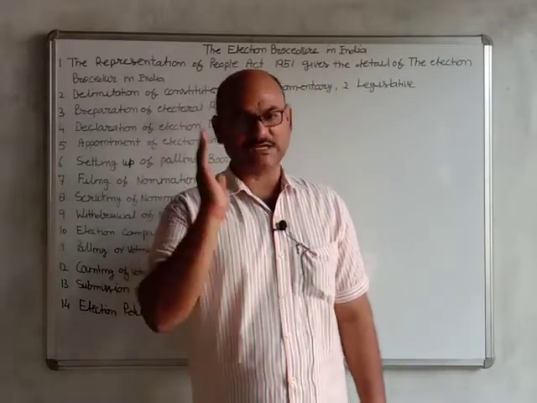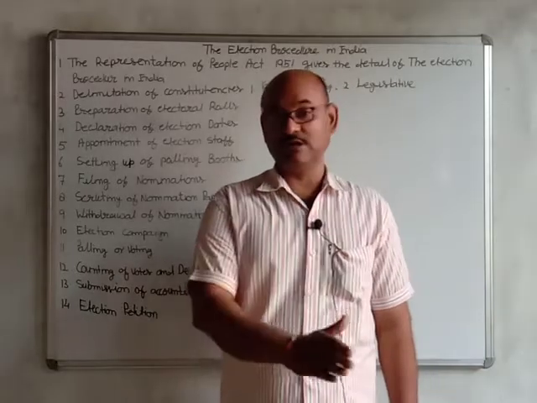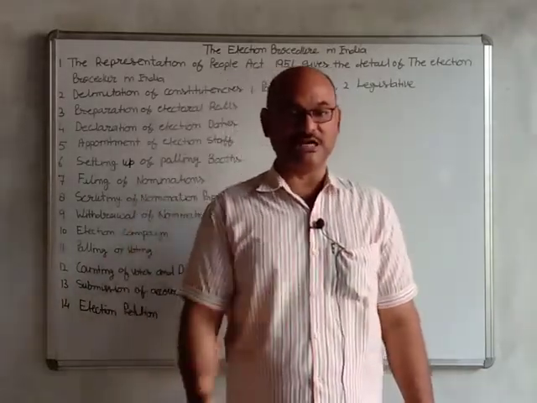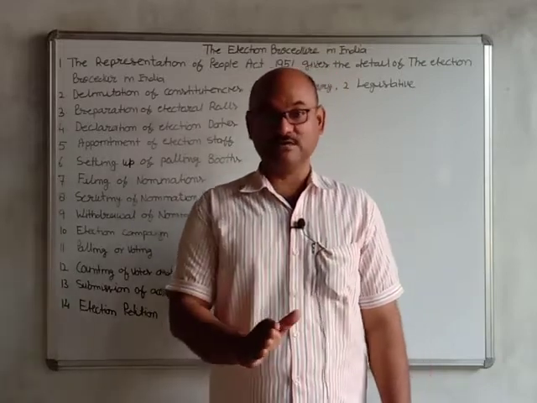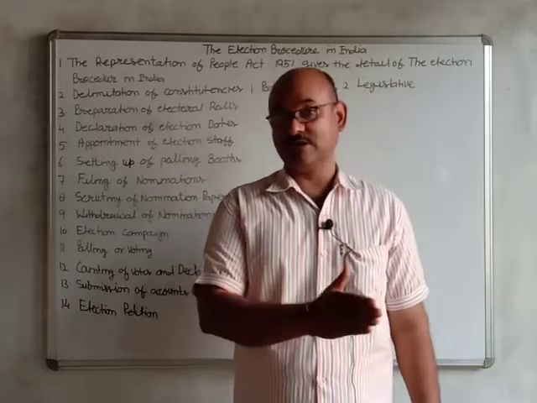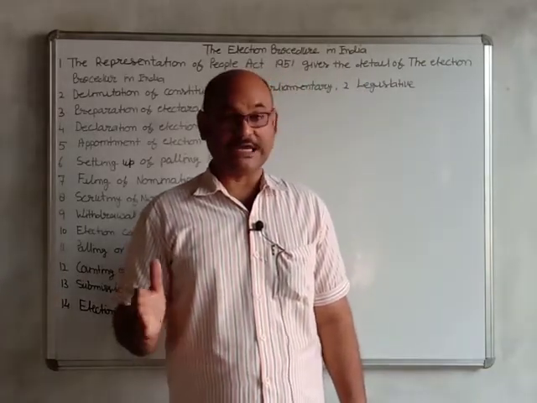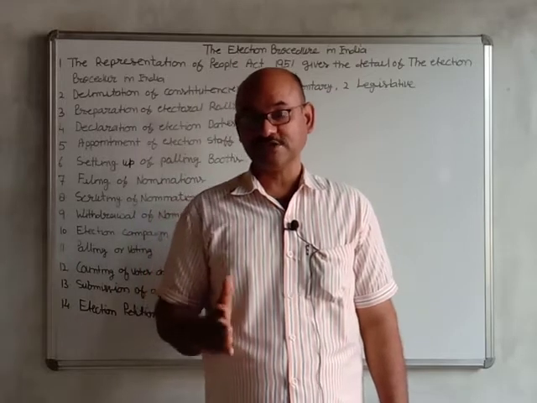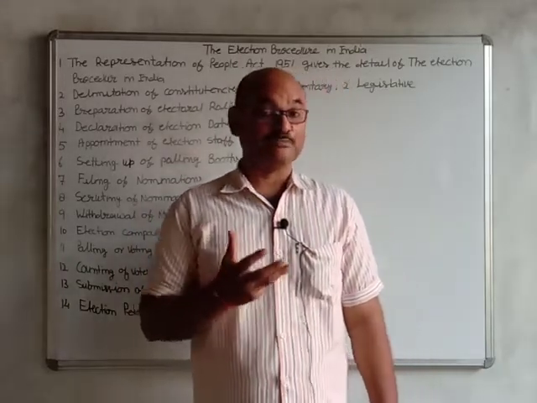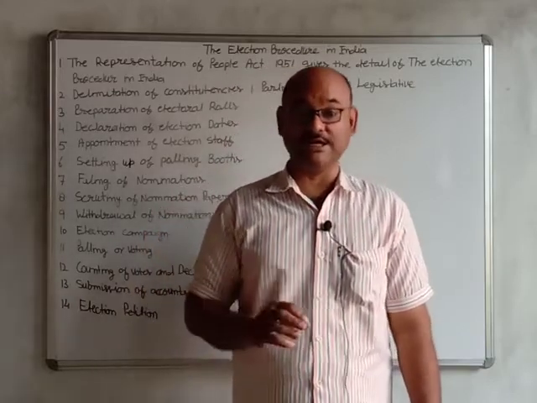At that time they made a two-tier government, central level and state level. Today, when the Panchayati Raj Act came, there are three tiers of government: central level government, state level government and the Panchayati government. We will discuss in this video the procedures and steps of elections in India.